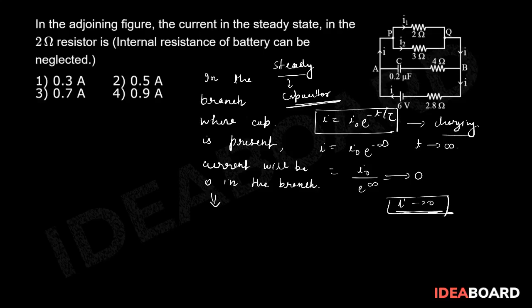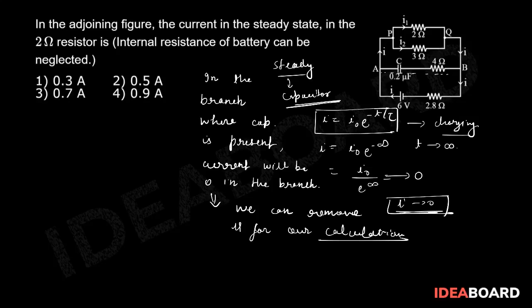That means we can remove it for our calculation. This part is highly important, that we can remove. So which branch can be removed? This branch can be removed. So let's remove it and draw the diagram.